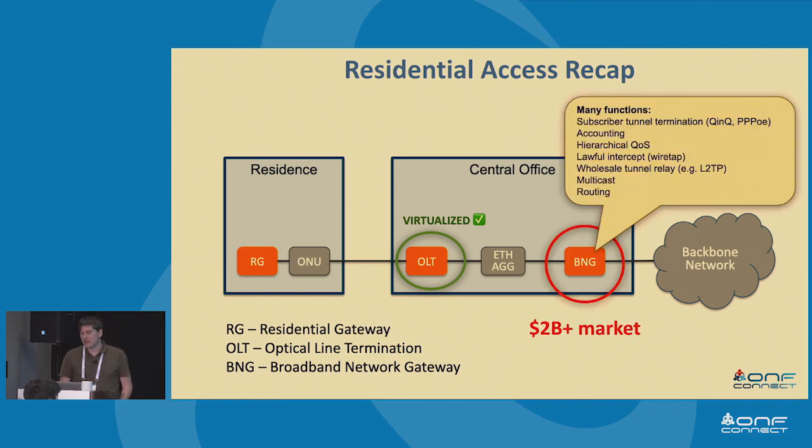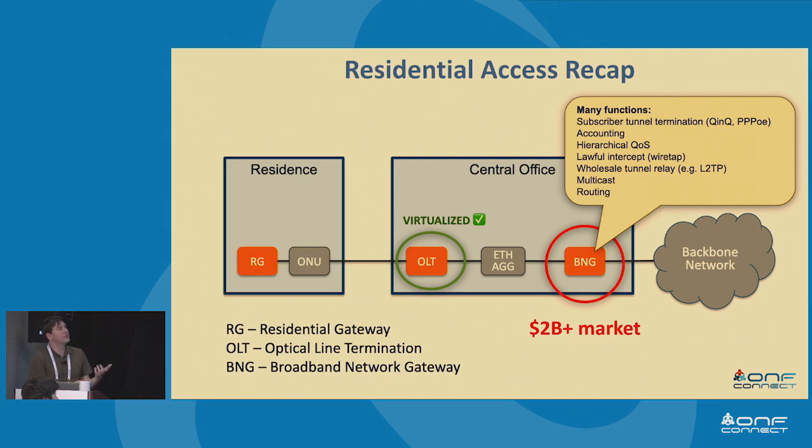But we still have this problem of the BNG, which is a very expensive box. It has considerable weight on the market, and operators are eager to also virtualize this box to reduce CapEx and OpEx.